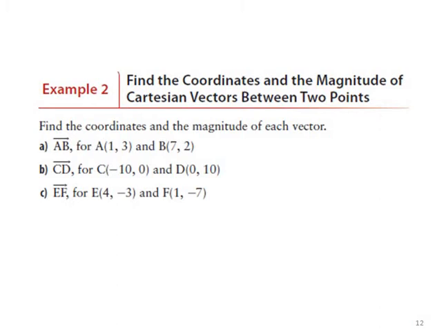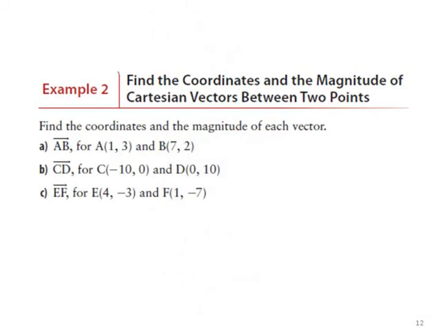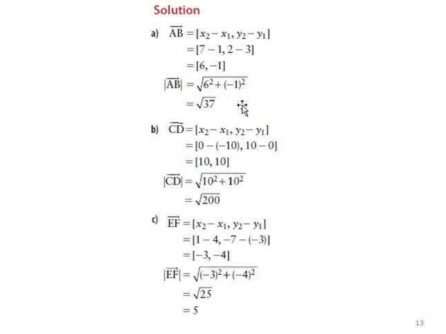So AB is going to be 7 minus 1 for the x, and 2 minus 3 for the y. So it's going to be 7 minus 1 is 6, and 2 minus 3 is negative 1. What is going to be the magnitude? It's going to be the square root of 6 squared plus negative 1 squared. That will be 36 plus 1, which is square root of 37.